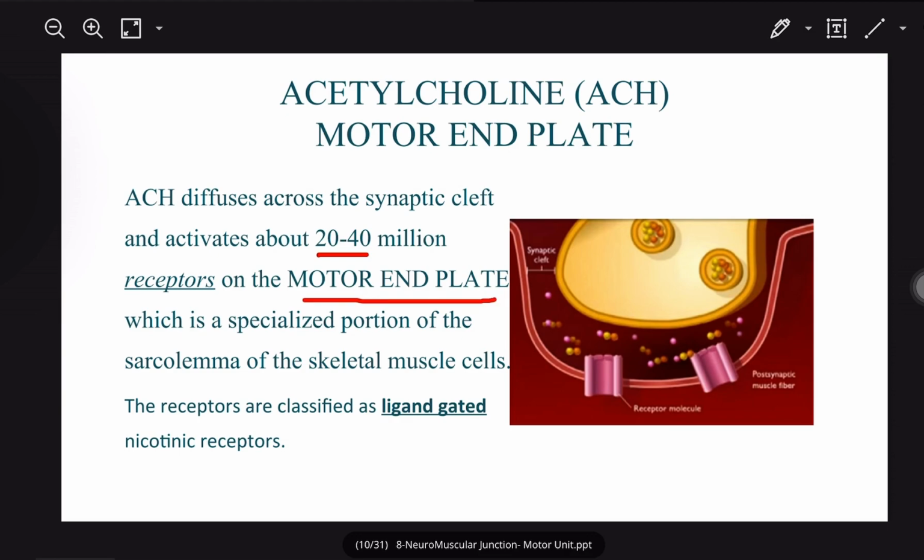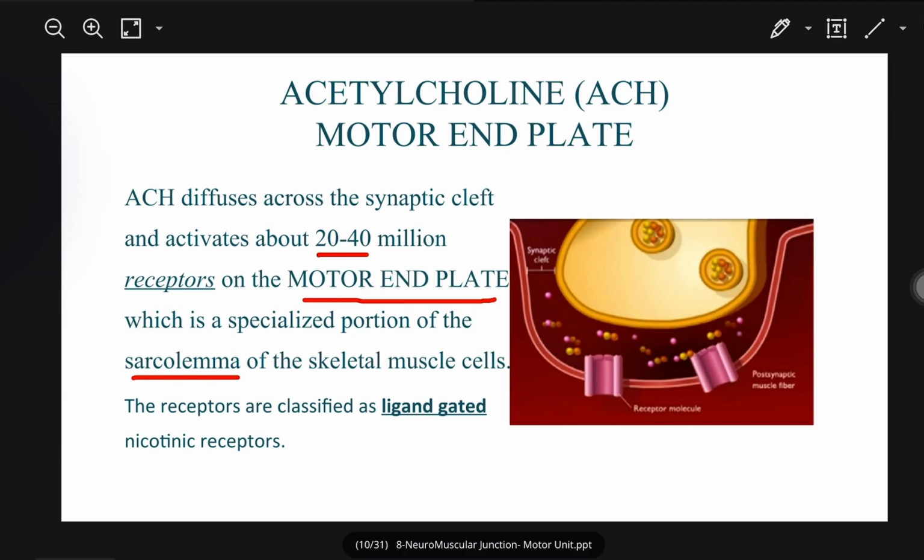That's where it will be received, which is a specialized portion of the sarcolemma, the membrane of the skeletal muscle. We will see shortly in a picture where it's located.